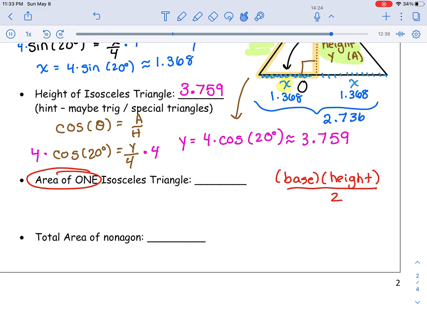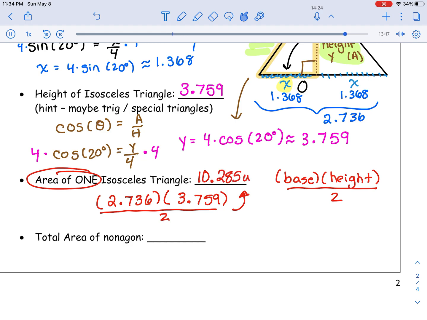So for this triangle, that's going to be 2.736 times 3.759, all divided by 2. Which is going to give me, and again, you should all be typing this up in your calculator to make sure that your numbers work out right. Means we have an area of approximately 10.285 units squared.